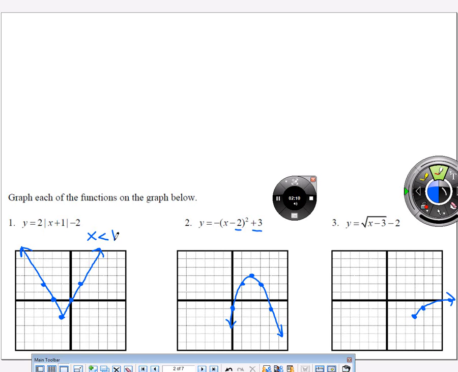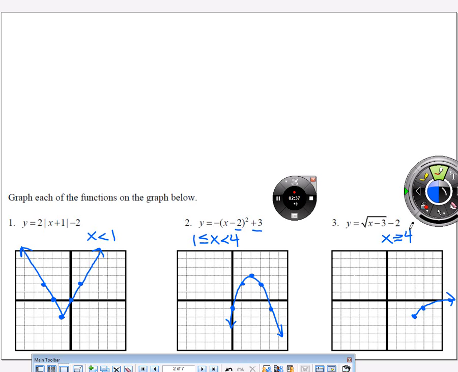For the second graph, it says in graph number 2, highlight the portion of the graph that's in the domain where 1 is less than or equal to x is less than 4. And then for the last graph, it says in graph number 3, highlight the portion of the graph in the domain where x is greater than or equal to 4.